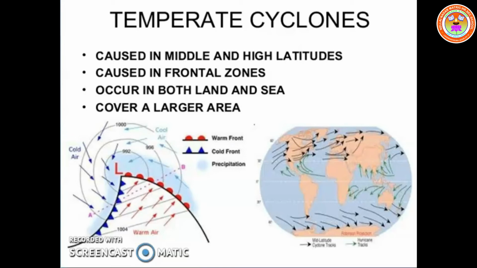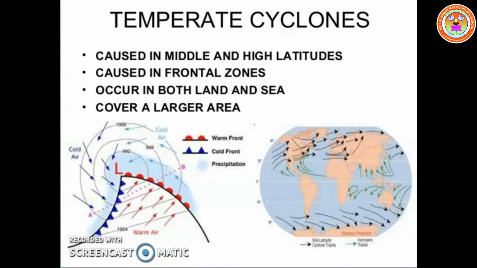Temperate cyclones commonly occur over the North Atlantic Ocean, Northwest Europe, and the Mediterranean Basin. The Mediterranean Basin temperate cyclone extends up to Russia and India in the winter season. In India, it is called Western disturbance.